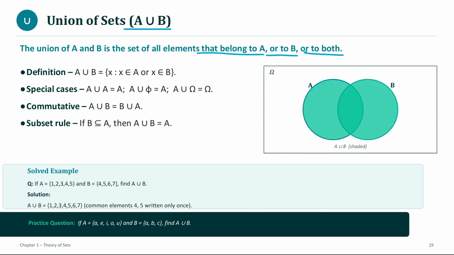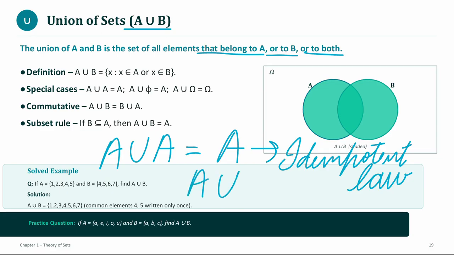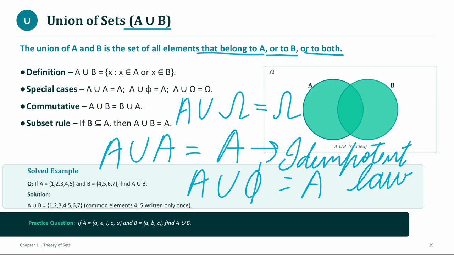A union A will be A. This is referred to as the idempotent law. We're going to read about it. Now A union phi is equal to A. A union universal set is equal to the universal set only.